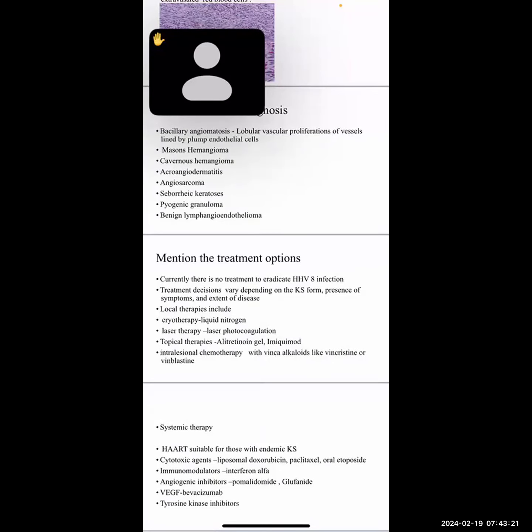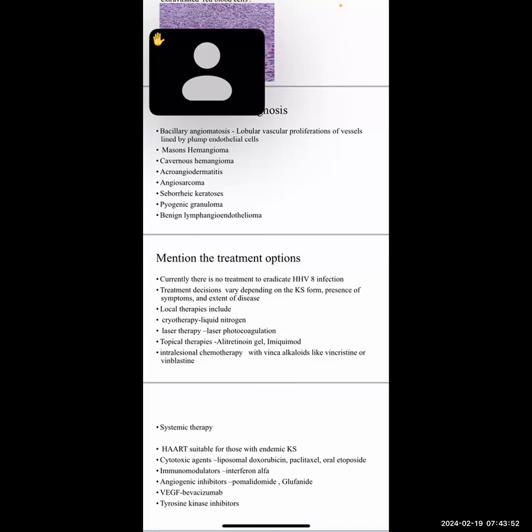It's also a very positive sign for making a diagnosis of Kaposi sarcoma, because there are other lesions that appear with sheets of spindle cells. And then to add to the differentials, you gave a long list. Just to add some other common ones we see outside bacillary angiomatosis: molluscum contagiosum, monkeypox, dermatofibroma, and histoplasmosis are also important differentials.